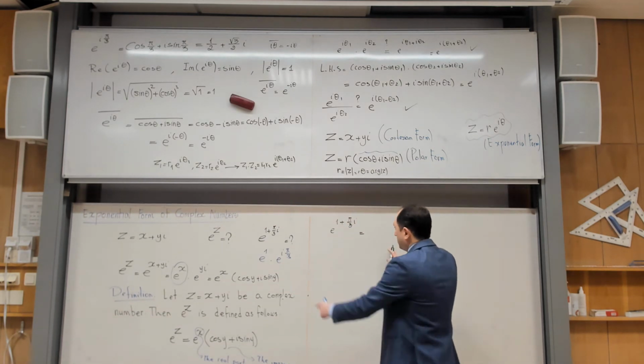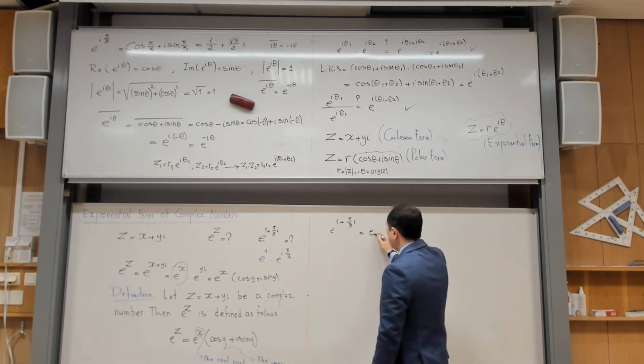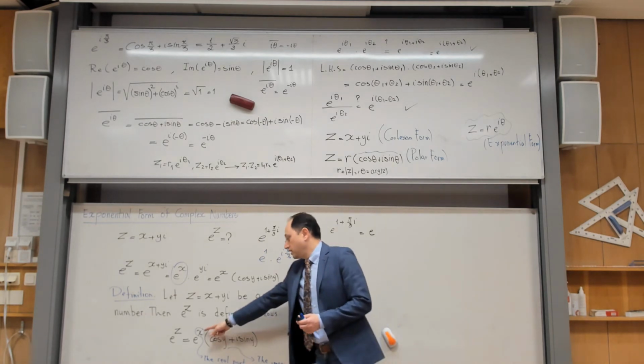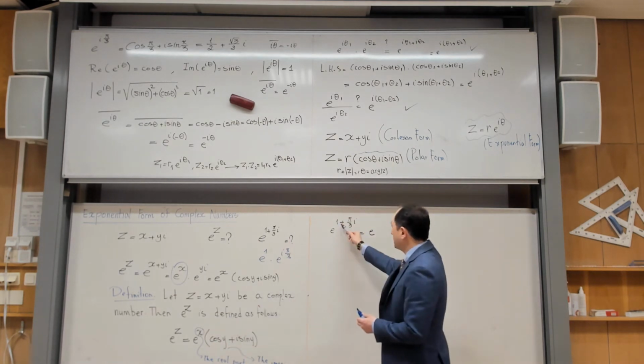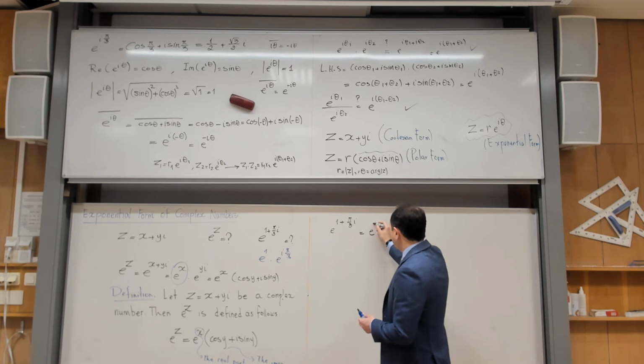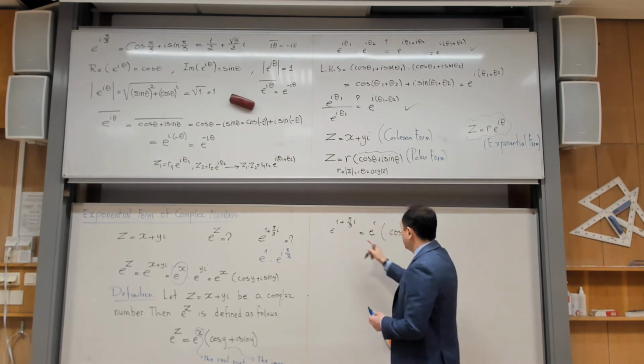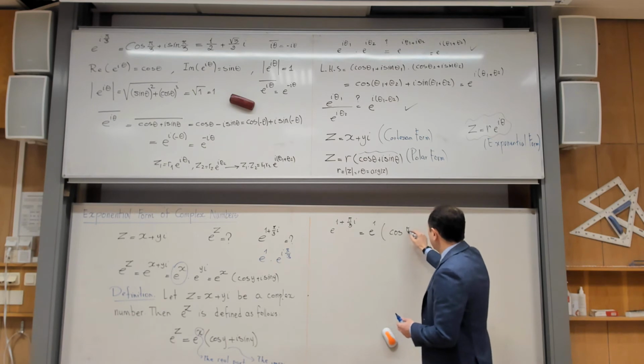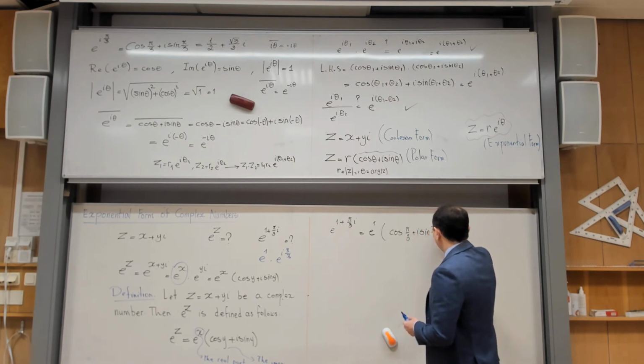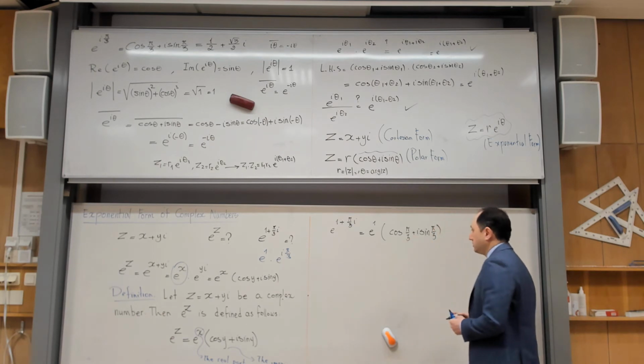According to this definition, I need to write e and raise it to the real part of my complex number, and then multiply it by cosine of this number plus i sine of that number. And then in that case, you should simplify.